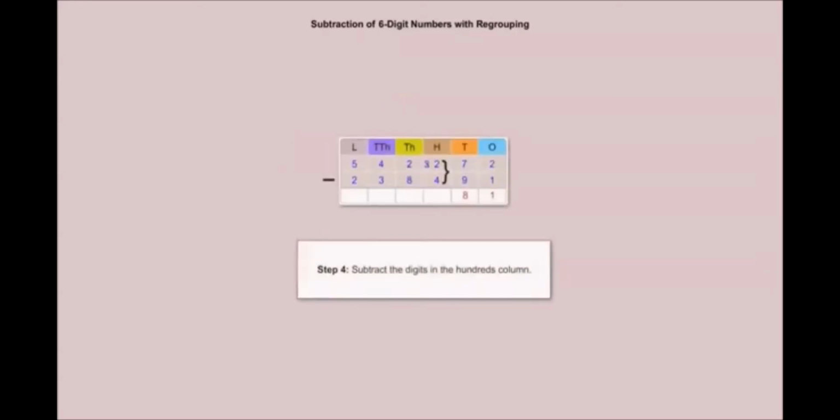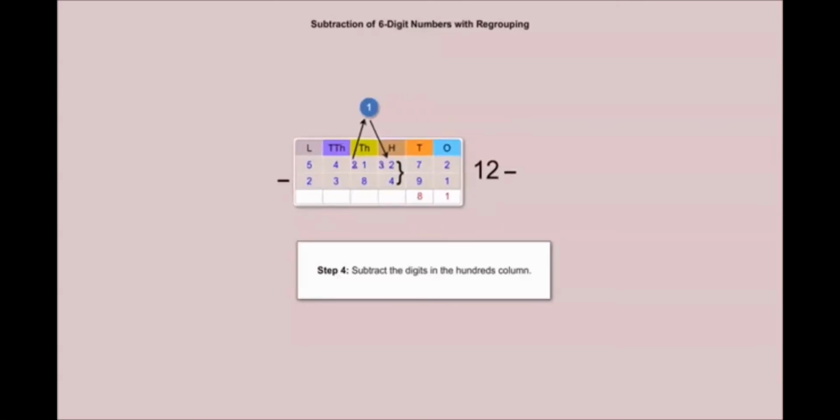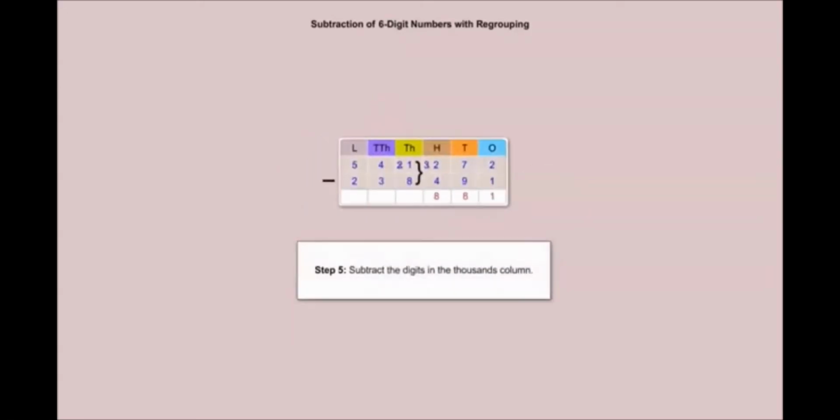And now again, we cannot subtract 4 from 2. So again, we have to borrow from the next column. That is 1000. And this becomes 1 now. And this is 12. So now we have to subtract 12 minus 4 in the hundreds column. And 12 minus 4 is equals to 8.